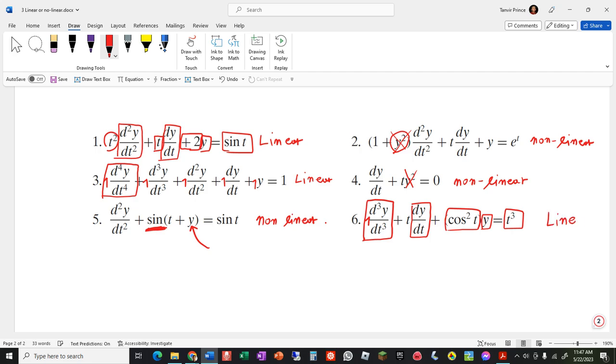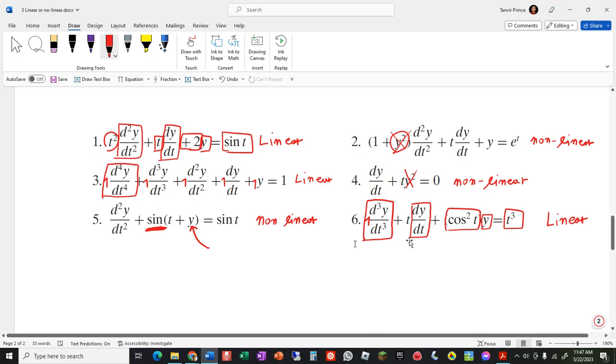Remember, t is the independent variable. t is like x. So t cube, cosine squared t, we do not care about t. We only care about y, y prime, y double prime, etc. By the way, in this differential equation, the y double prime is missing. In other words, the coefficient is 0 there. That's okay. You don't have to have all of the derivatives appear.